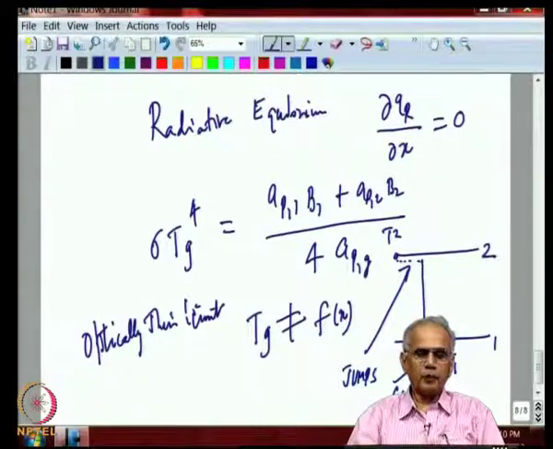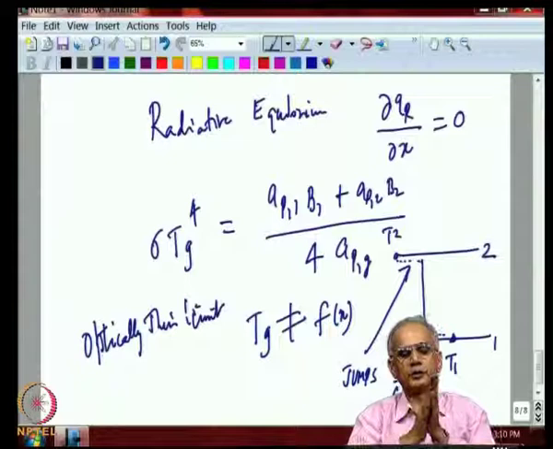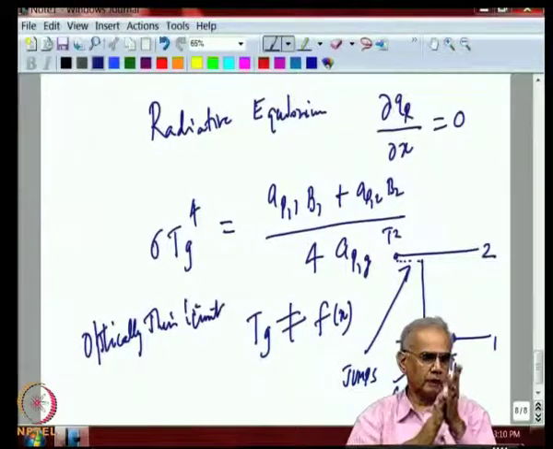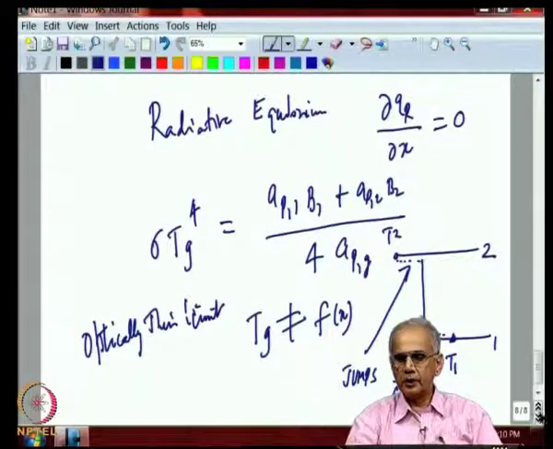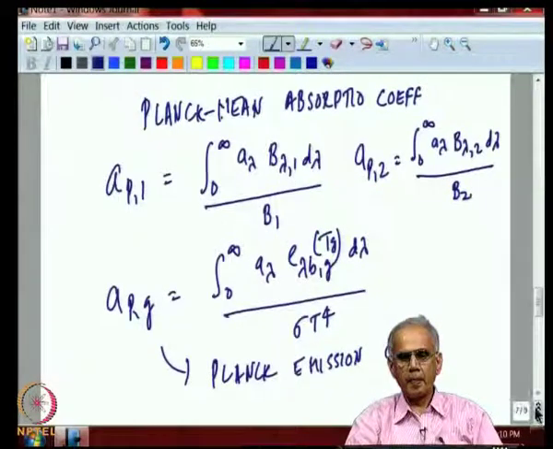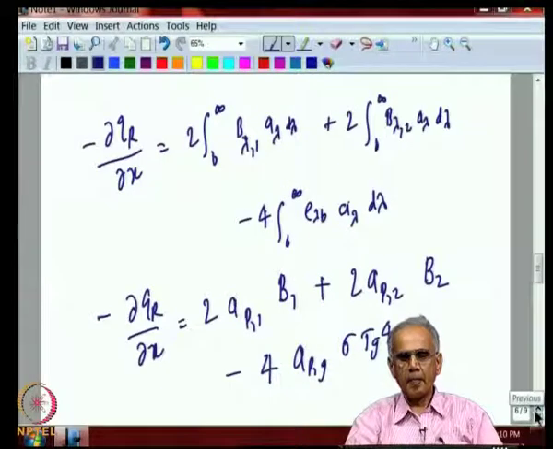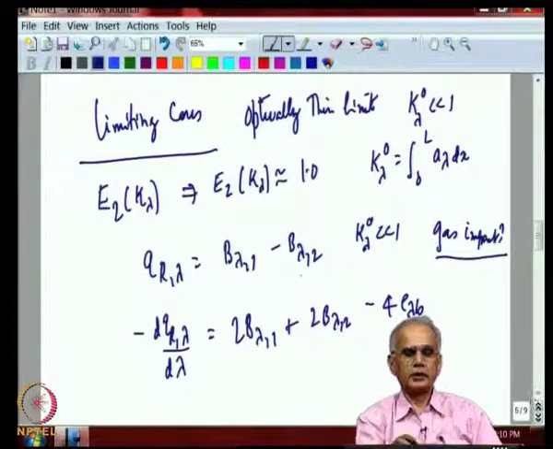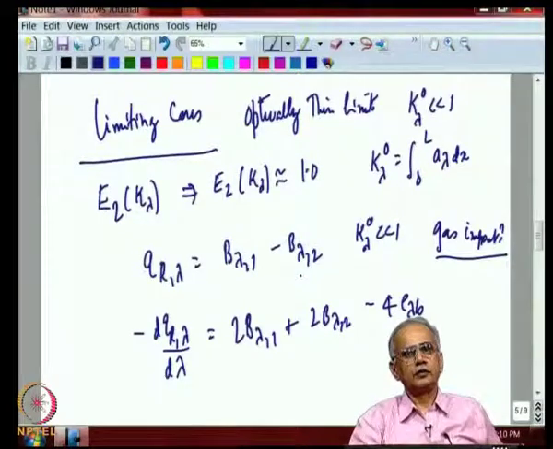But what I want you to notice is that from the radiative equilibrium conditions, we are able to get temperature of the gas, but when you calculate fluxes, which is what we did first, in the case of fluxes, there is no influence of radiation.